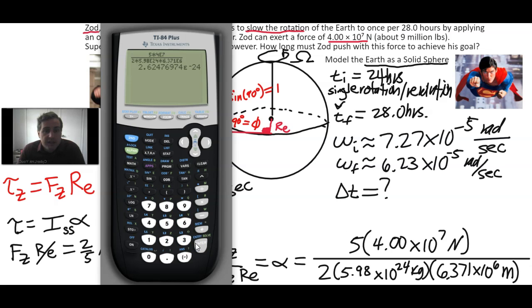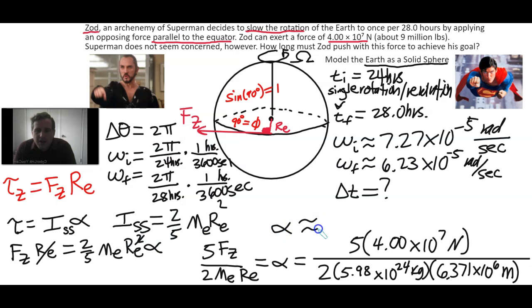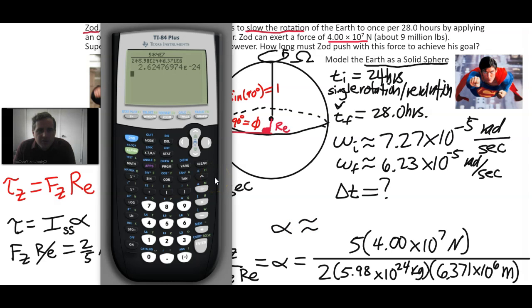Okay, so let's write this down. So alpha ends up approximately being 2.62 times 10 to the minus 24th radians per second squared.